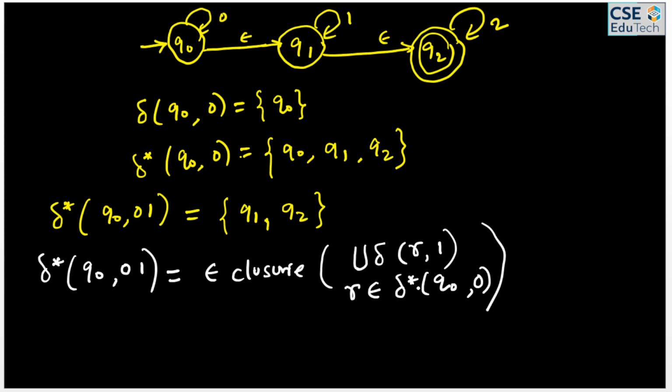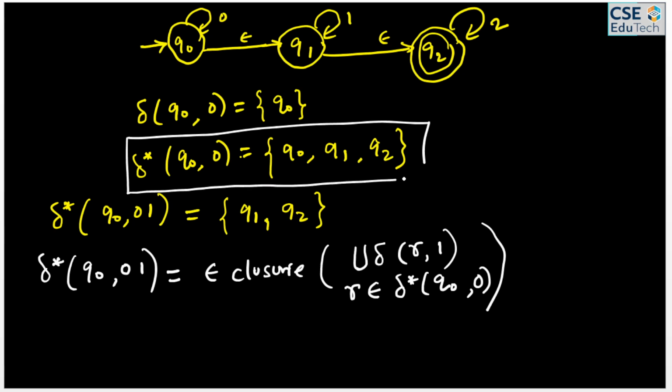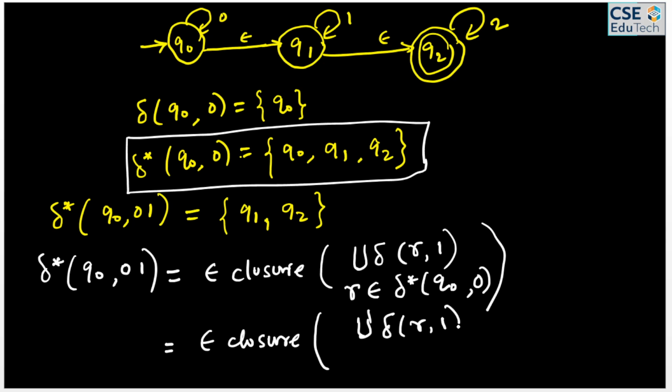Now, what is delta star Q naught 0? As we have mentioned, it is the outcome of delta star Q naught 0. We can also define how we find this later on. Delta star Q naught 0 basically returns Q naught, Q1, Q2. So we can write the epsilon closure of the union of del r comma 1, where r belongs to Q naught, Q1, Q2.